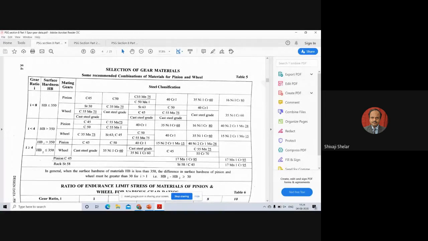The first three materials are plain carbon steel, and the last three combinations have alloying elements, so alloy steels are there. These are the alloy steel materials for the pinion, and the wheel material in this combination may not be alloy but plain carbon steel. Here it is alloy, and here it is also alloy.